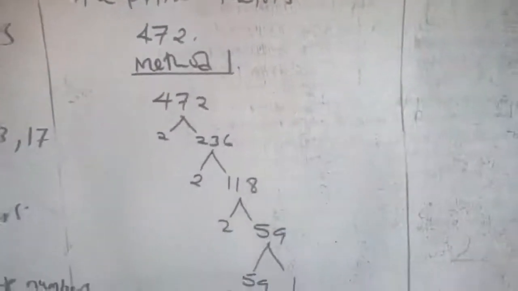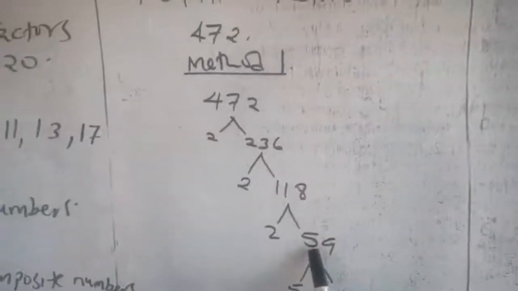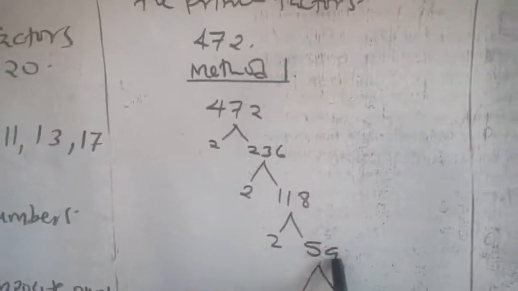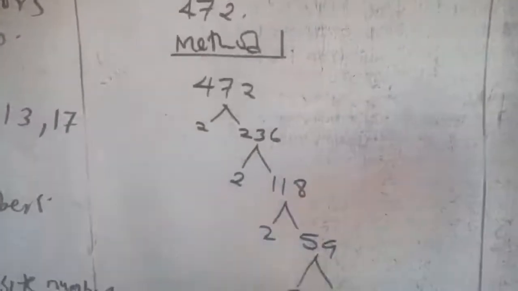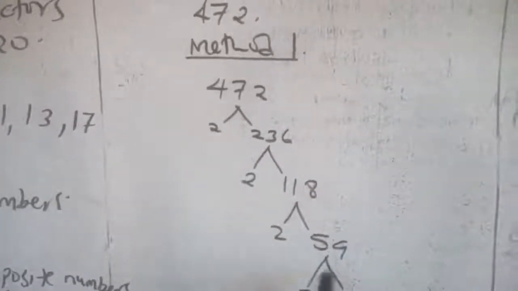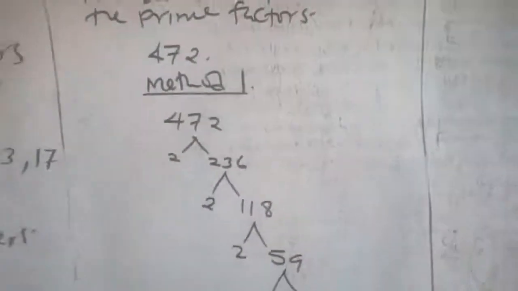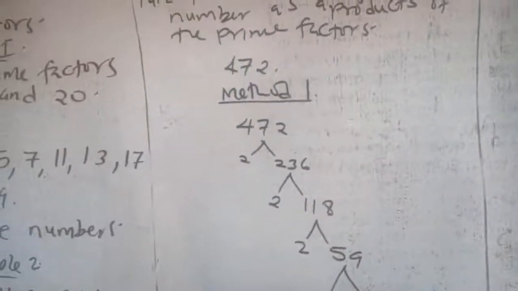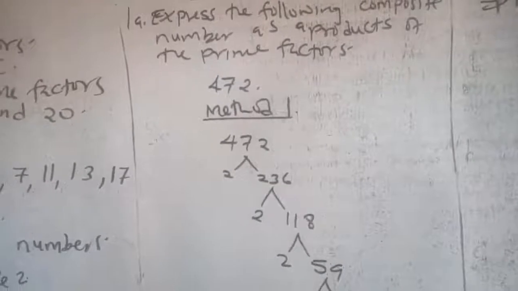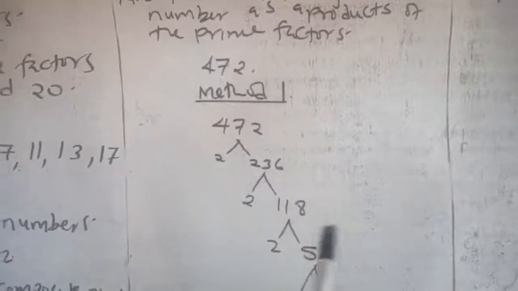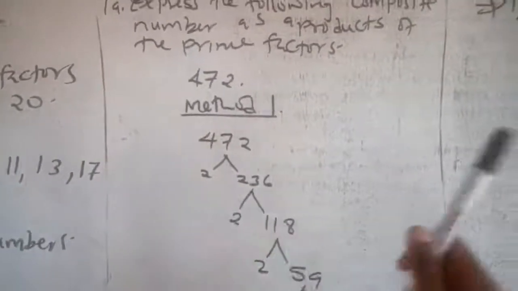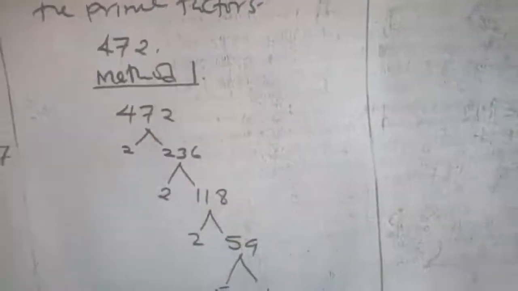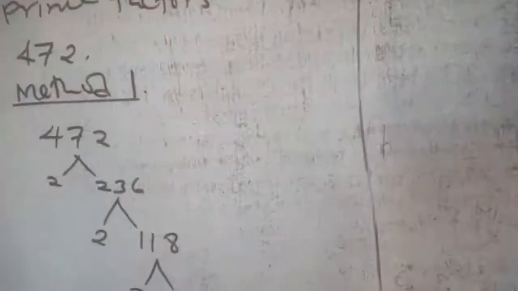Then from 8 you will move to the fifth one, which is supposed to be 59. Then 59, you multiply by 2, you get 118. So 118 is another one. And from 118, we'll move to 236.